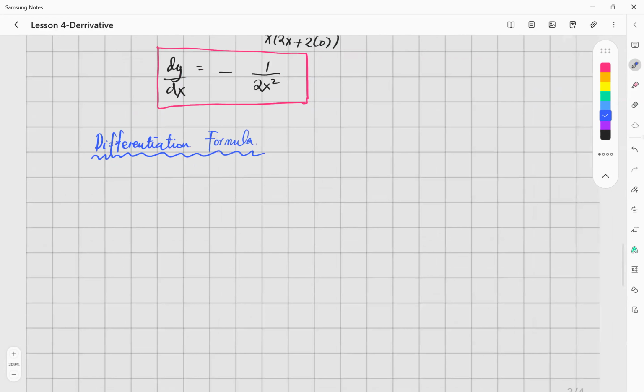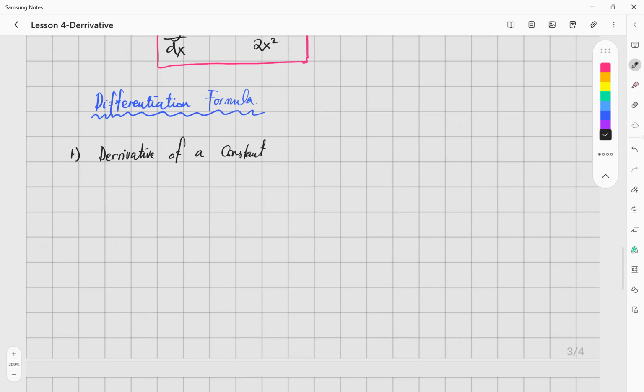Okay? The first formula is the derivative of a constant. Derivative of a constant meaning, for example, the derivative of a constant function is 0, okay?